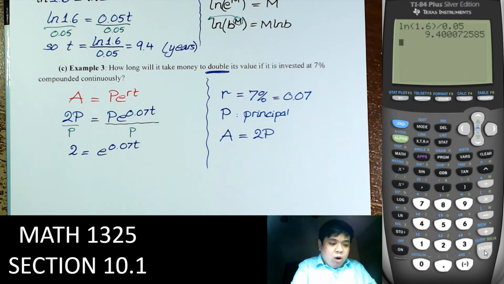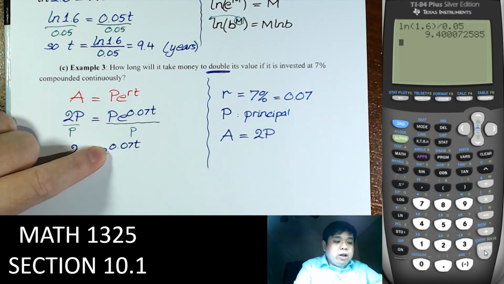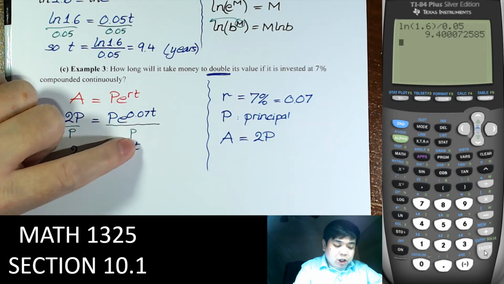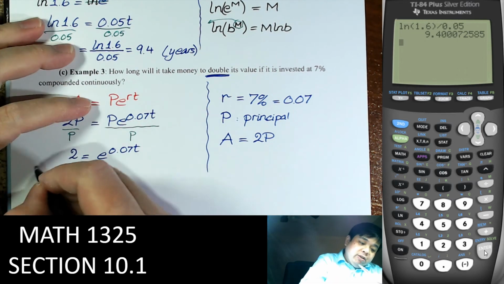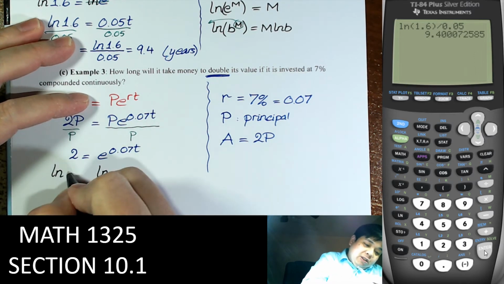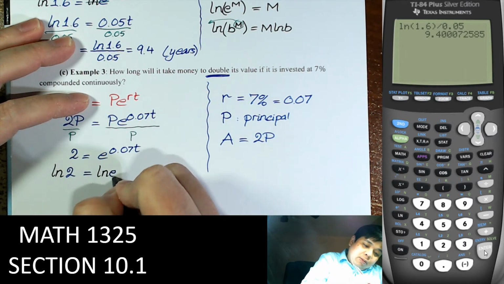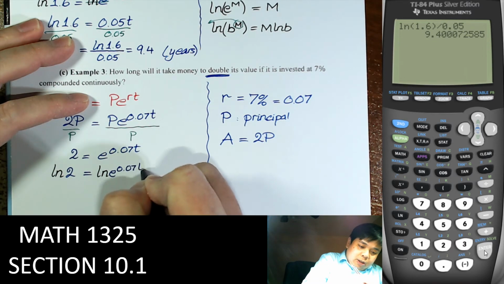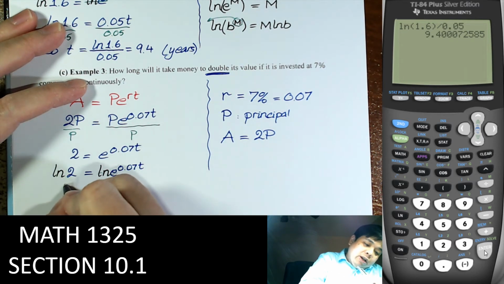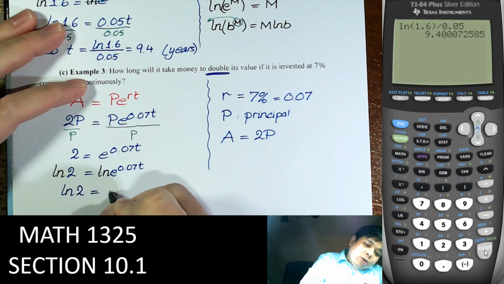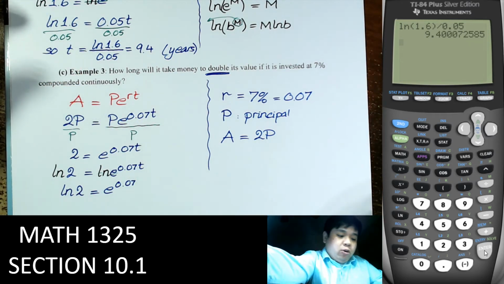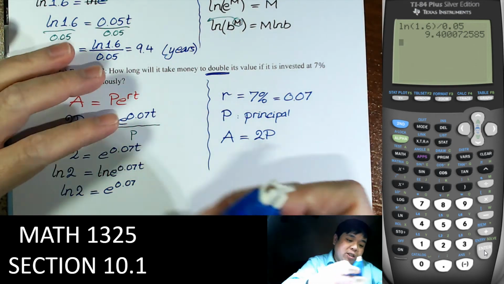Now what we try to solve for is t. So to get the variable on the exponent, we'll take ln on both sides, because ln of e is 1, or they cancel out. So that cancels out, and we have ln of 2 equal to, I'm sorry, ln of e cancels out, so we just have 0.07 times t.